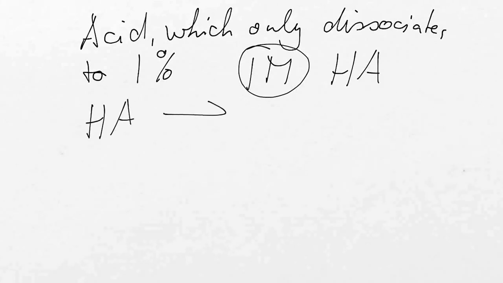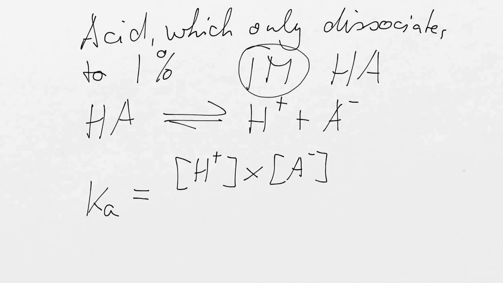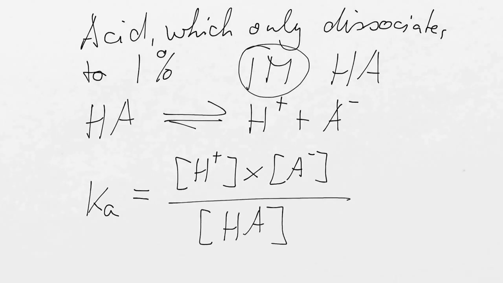So, HA gives us H plus and A minus. Ka gives us H plus times A minus divided by HA. So, we start here with an HA of 1 molar.